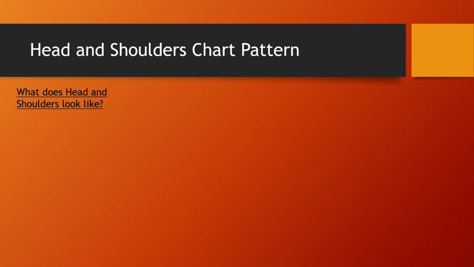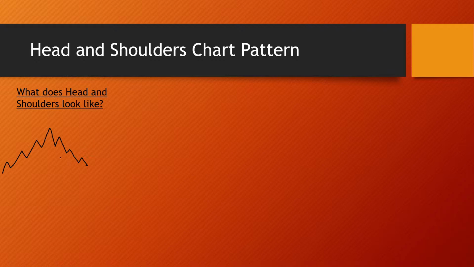Okay, so the first point I want to touch on is what exactly does head and shoulders look like on a candle pattern? For anyone who might be familiar with head and shoulders, this will probably just be a review. But for the people that aren't familiar, this is kind of what it looks like. You'll have your uptrend here, and then eventually it'll kind of even out as such, and then it'll start going down again.